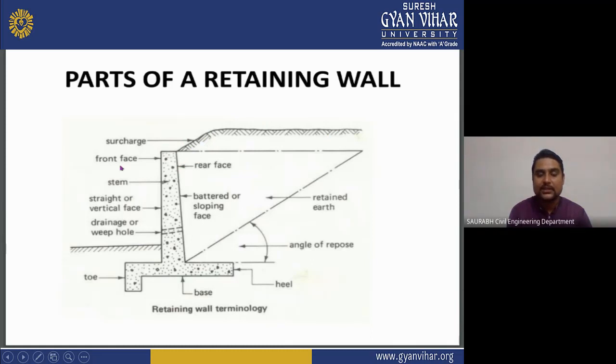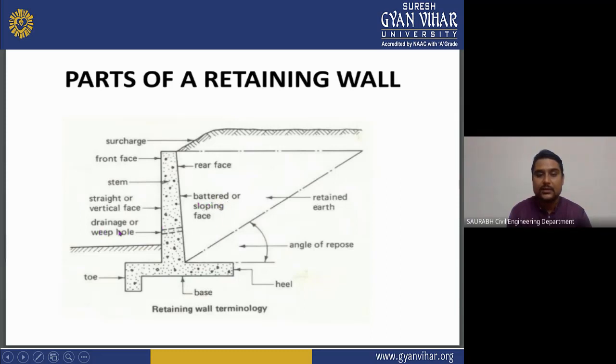This is your front face, and this is your rear face. And this is the stem. This is the straight or vertical face of your retaining wall, and that is the battered or sloped face of your retaining wall.